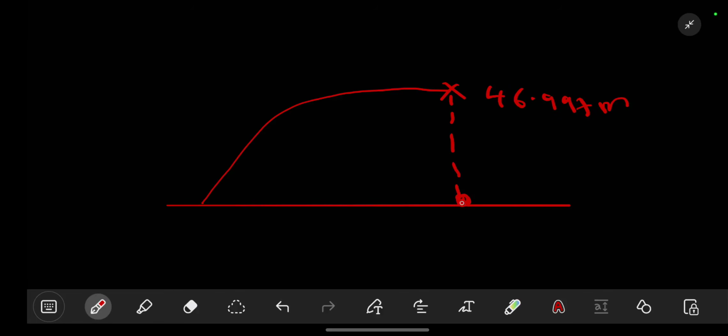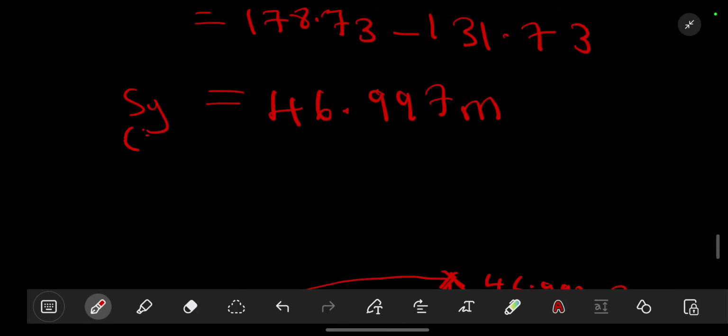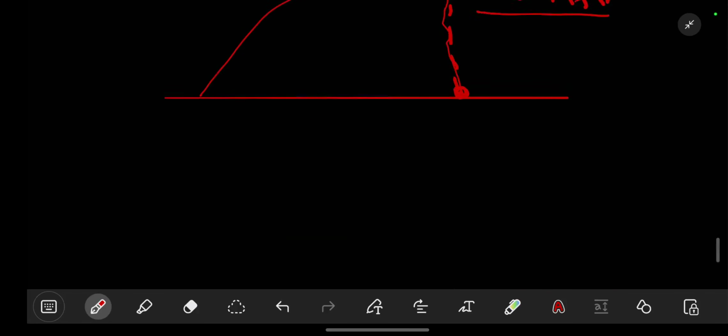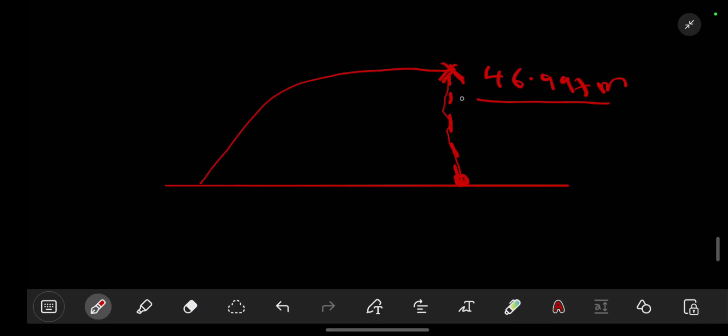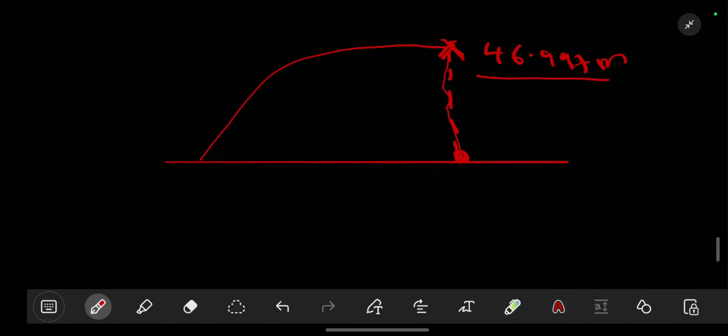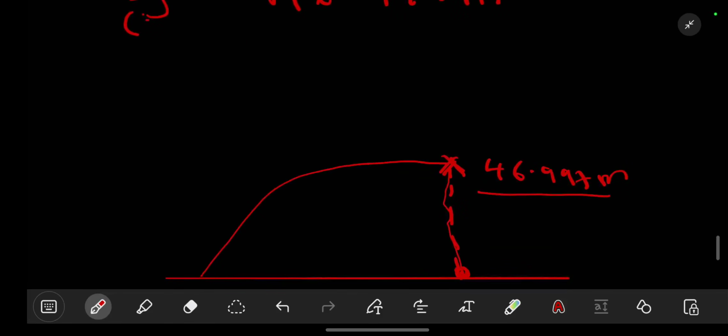That means this is the same distance that the mango has to travel upward, because remember this is sy, meaning the distance in the y at that point. Now we know what distance has to be covered.